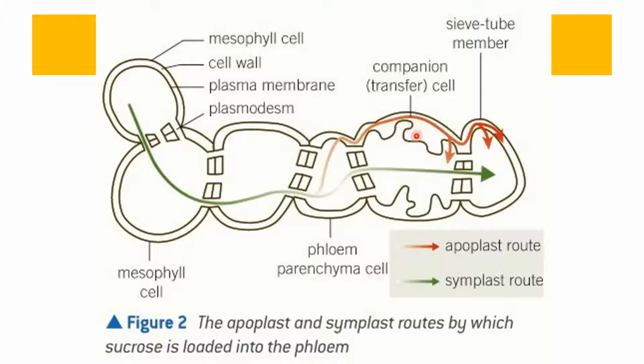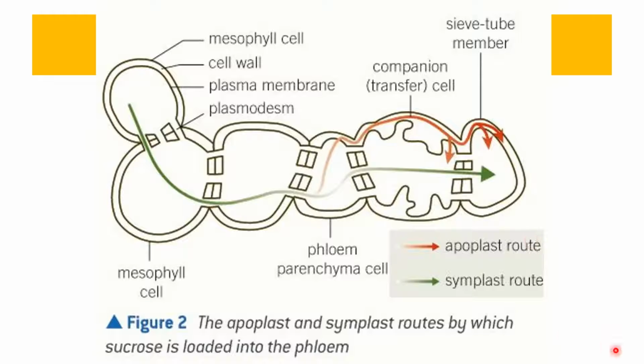In this case, hydrogen will be sent out of the companion cell into the cell wall, and then it will enter the cell again through co-transporters, bringing in sucrose along with it, right? After that, that sucrose can go inside through the plasmodesmata, or it could follow this route. So this is how the apoplast route is involved in active transport of sucrose in the phloem.